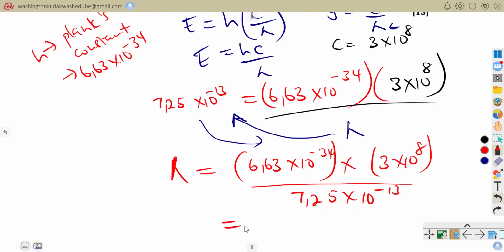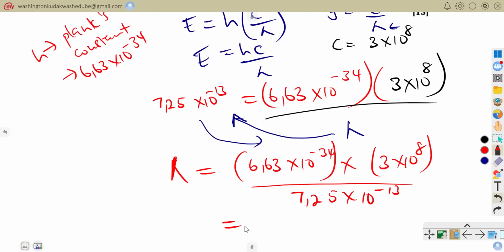So I'll just go to my calculator. 6.63 times 10 to the power negative 34 times 3 times 10 to the power 8 divided by 7.25 times 10 to the power negative 13.